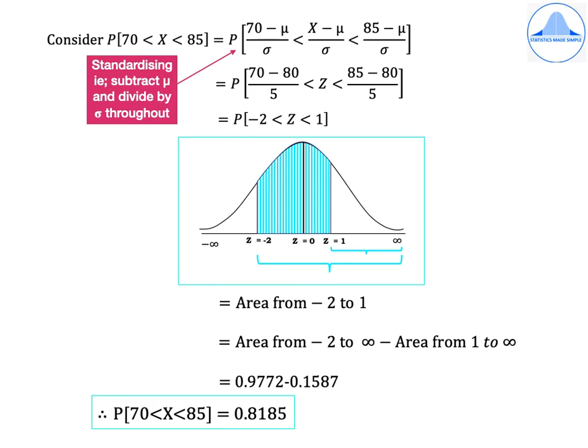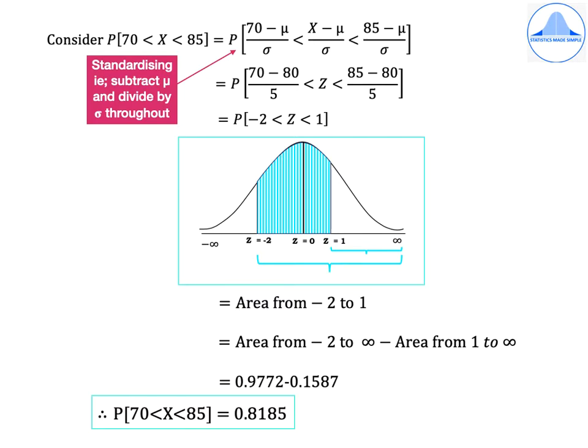For that, first draw the standard normal curve. And always remember that there should be a gap between the curve and the x-axis, because the normal curve is asymptotic to the x-axis. Now the center line you mark as z equal to 0, the extremities as minus infinity and infinity.